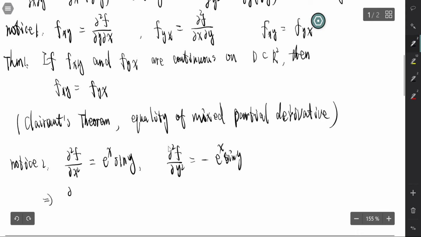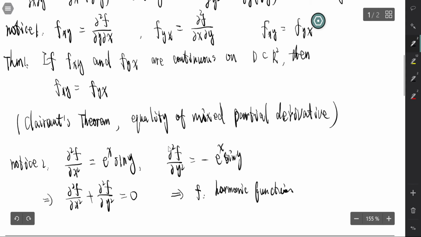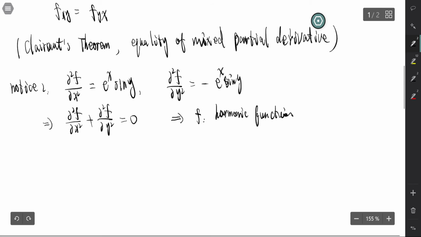That means partial squared f partial x squared plus partial squared f partial y squared equals 0. If a function satisfies this equation, we call the function f a harmonic function.